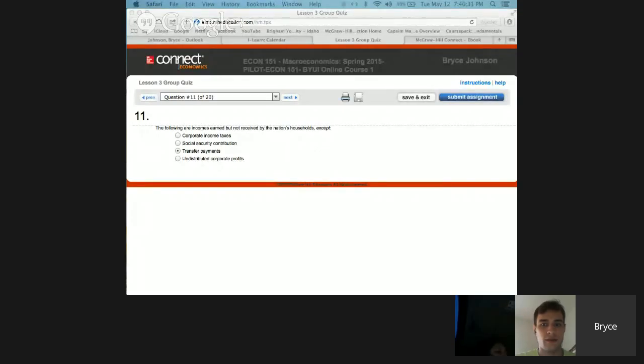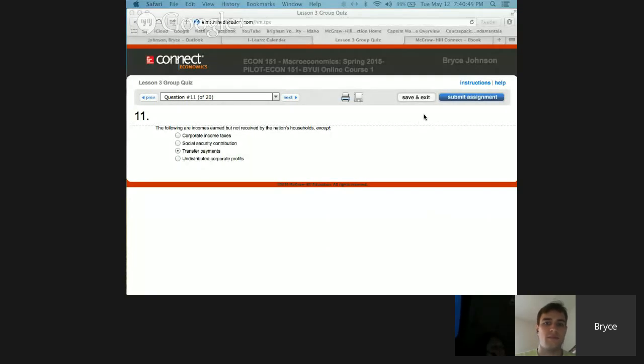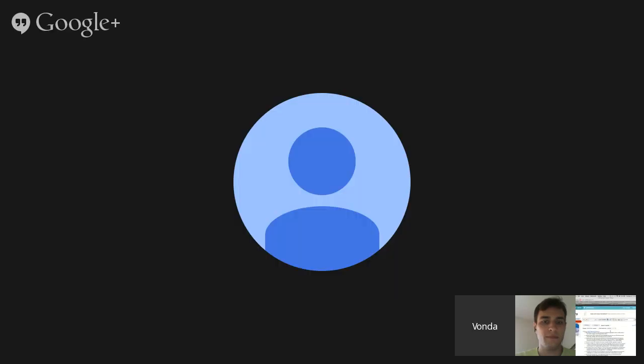I really had to look for this one. I was thinking transfer payments because that's not necessarily part of GDP, it's just a transfer of something, not anything new. Transfer payments are usually not earned, like welfare checks or Social Security. So it's not income earned, usually.